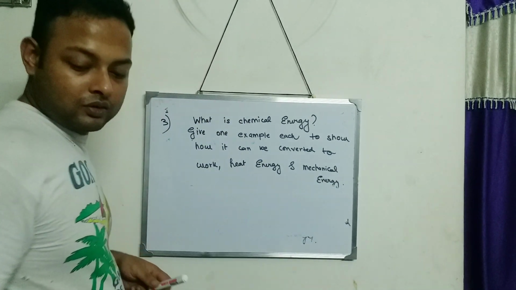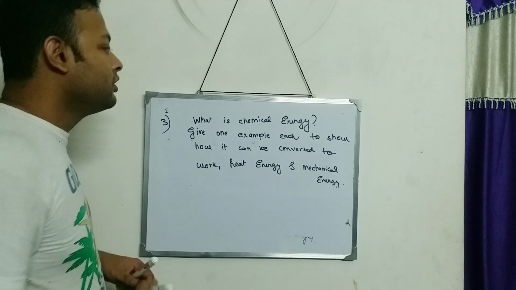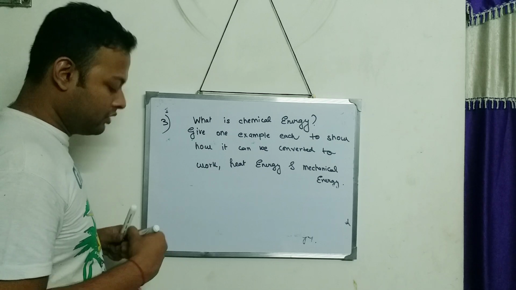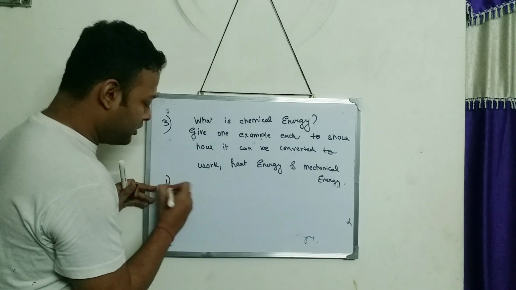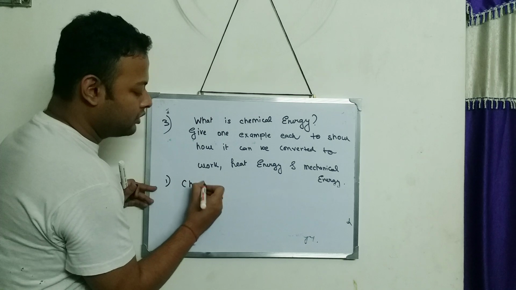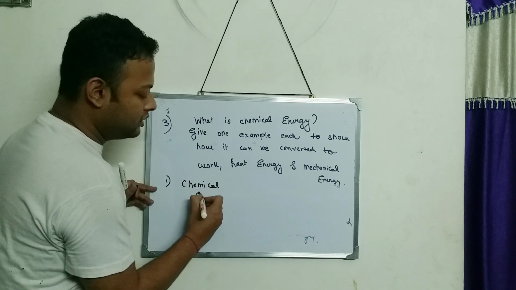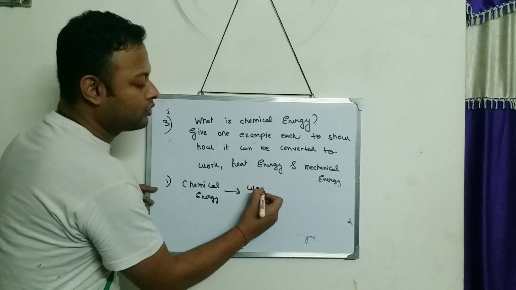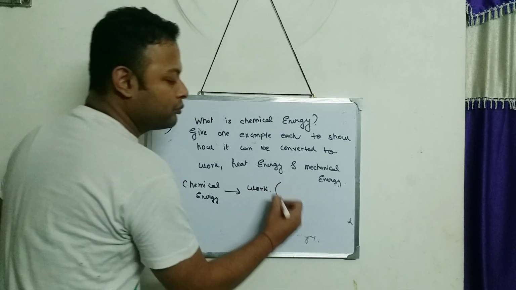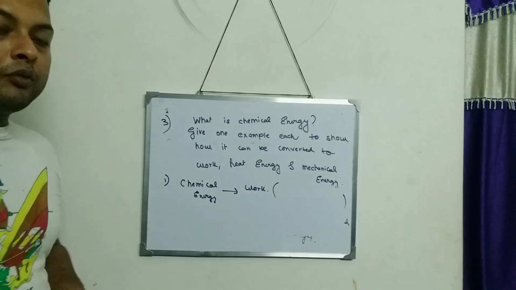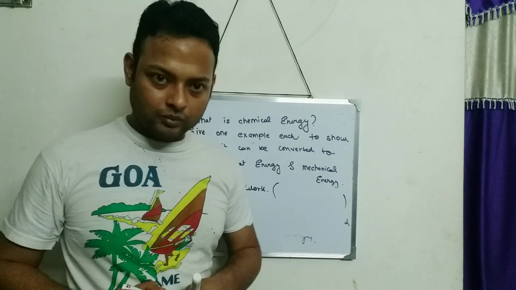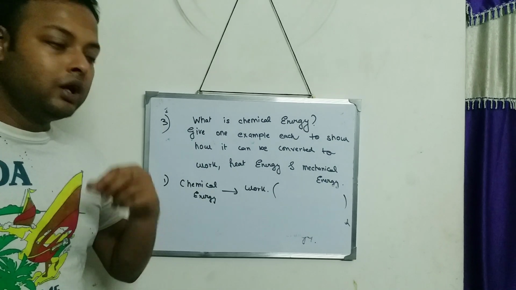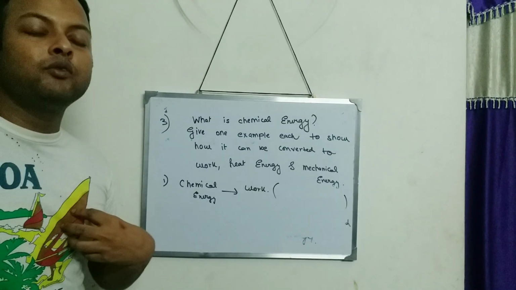Now, very good question. I think it is easy also. Give one example to show how chemical energy can be converted to work. The best example is food. The food has chemical energy. When we eat the food, what happens?